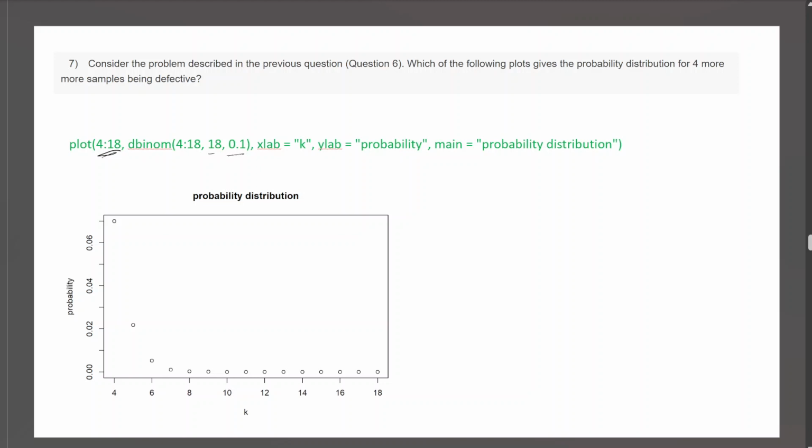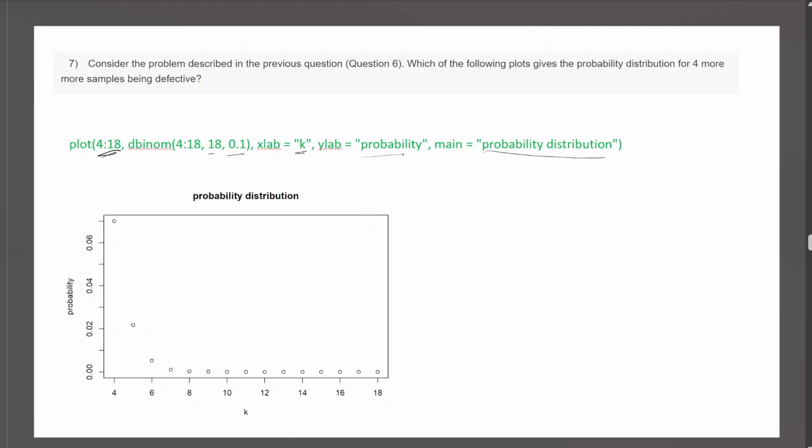I am labeling the x as k, as they have specified in the graph, and the y label is probability, and I'm giving the main title as probability distribution. So when I give that, I get this kind of curve.